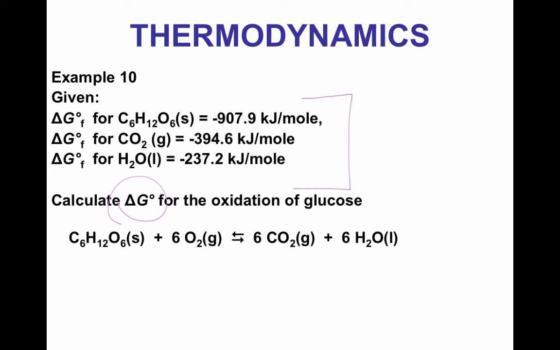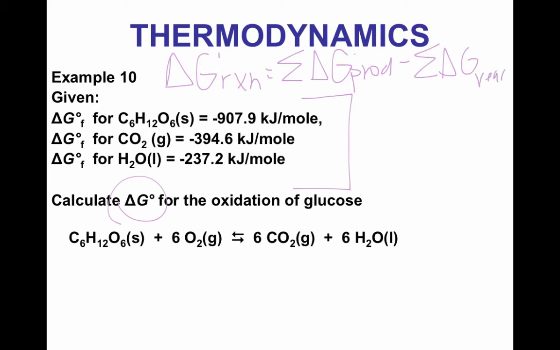I'm given the formation's free energy. So what I'm probably going to use is delta G of reaction equals the sum of delta G of products minus sum of delta G of reactants. So I'm going to take a look at my products. I have CO2 and H2O.